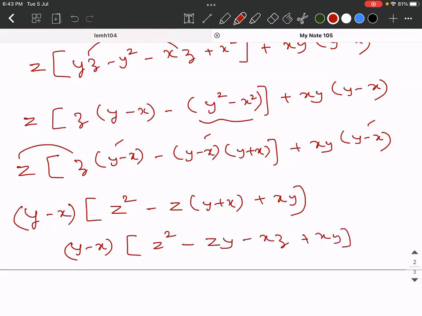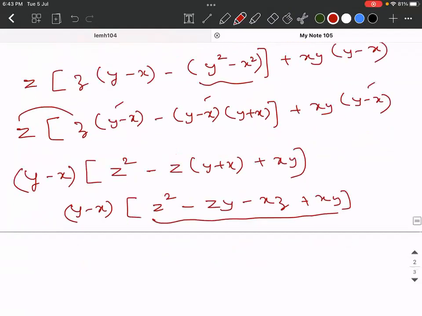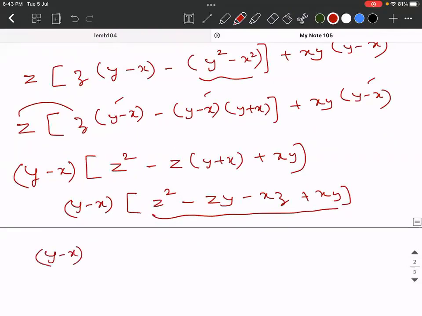Is this how they gave? Okay. So what is that what they gave? I think you need to again factorize this. Yeah. So y minus x into, if I take the z outside, then you will have z minus y minus x into z minus y.